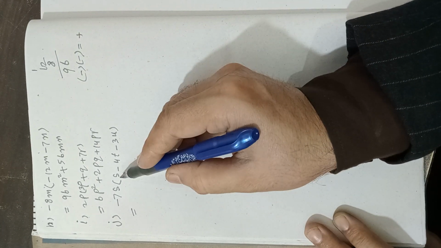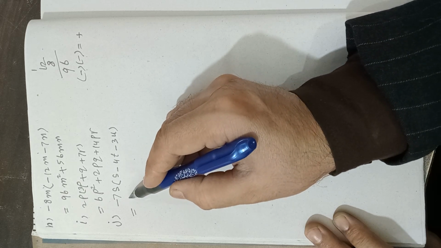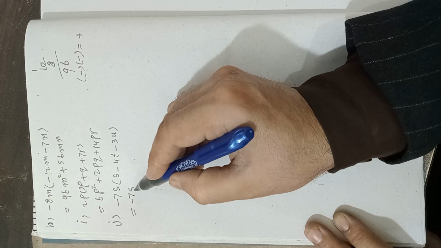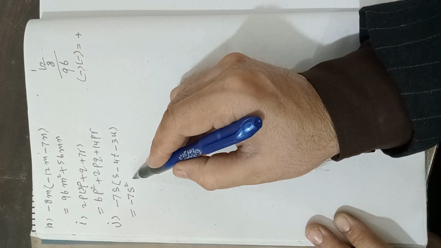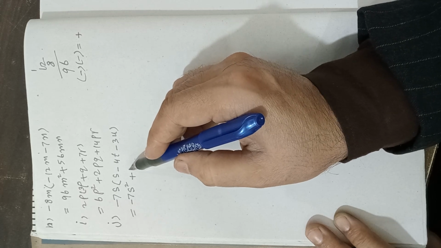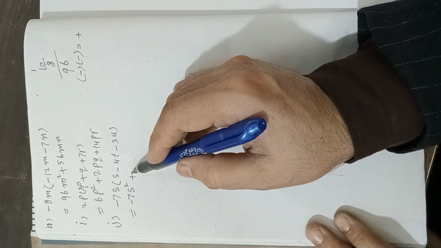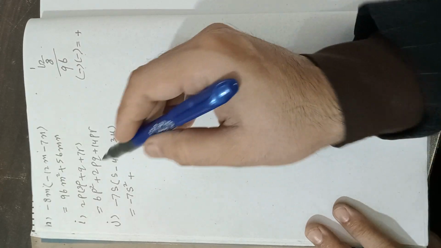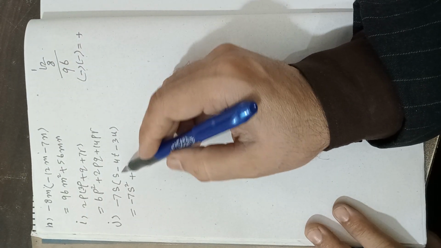Then 7 multiplied by 1 is equal to 7, and minus s multiplied by s square. Due to this minus sign, change the inner sign. Whenever you open the bracket, you should remember that when there is a minus sign outside of the bracket, then all the inner signs will change.